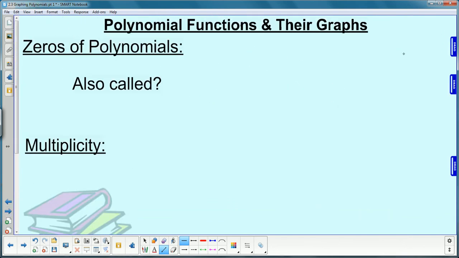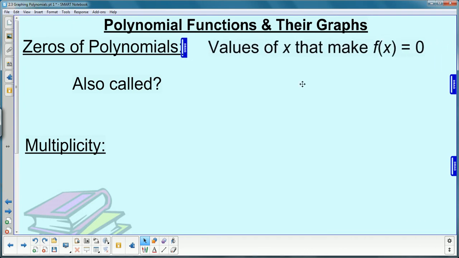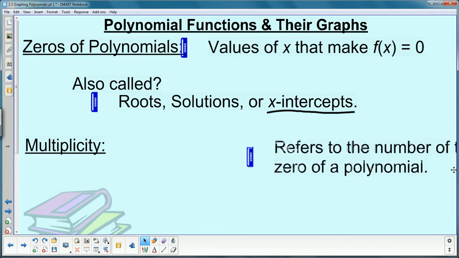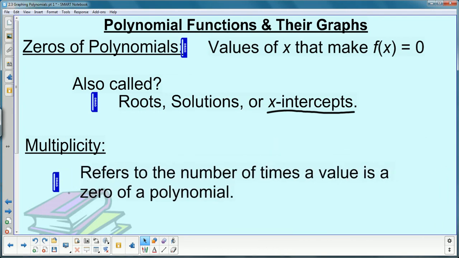Next thing is zeros of the polynomial. That just means values for x that will make our function 0, meaning f of x is 0. They're also called, and we've talked about this, roots, solutions, or most recently our x-intercepts. And then we can talk about multiplicity of a zero. Multiplicity means the number of times that a value is a zero of a polynomial.